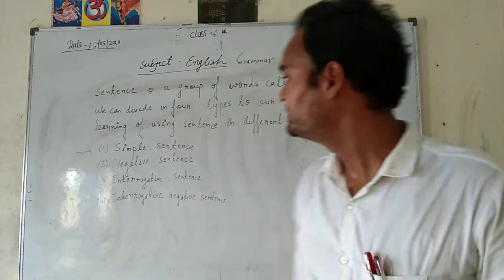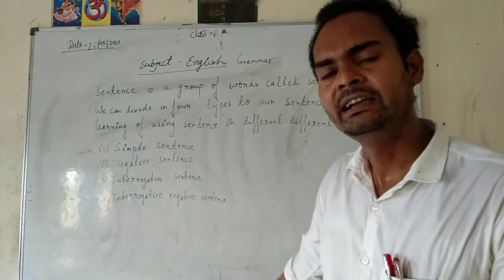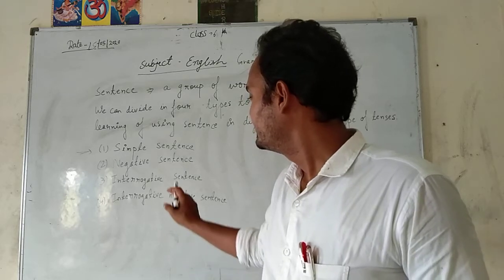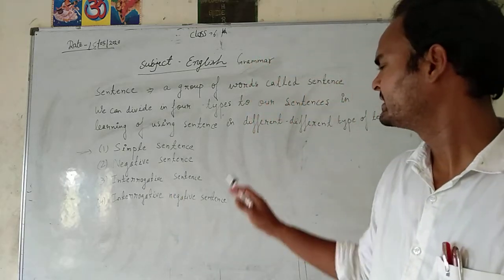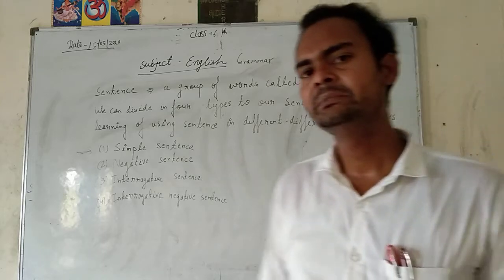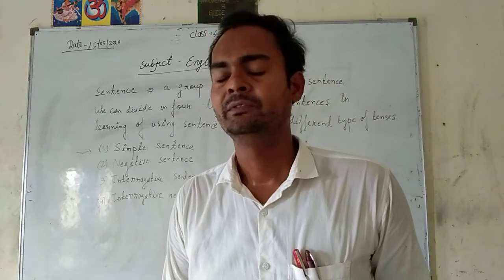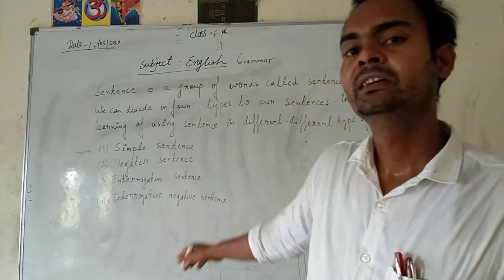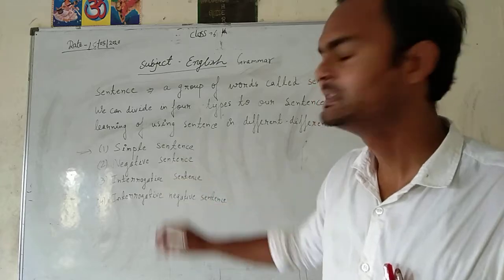For that I have simply categorized sentences in 4 ways. The first is the simple sentence. Before I teach the simple sentence, I have to teach the 3 which are given below it.